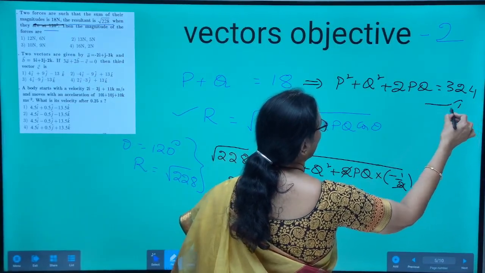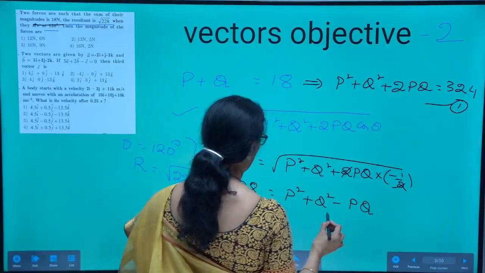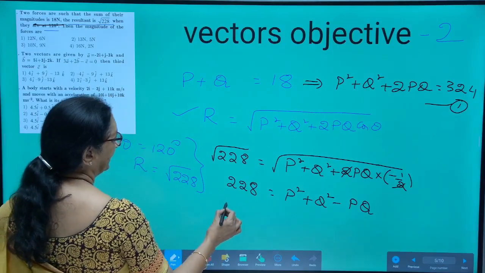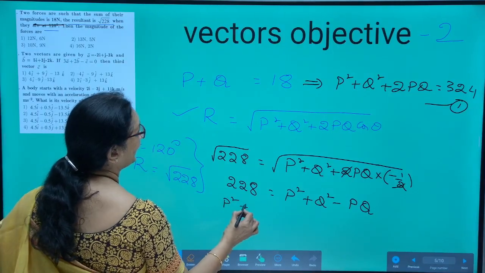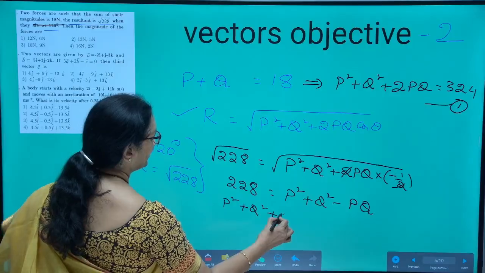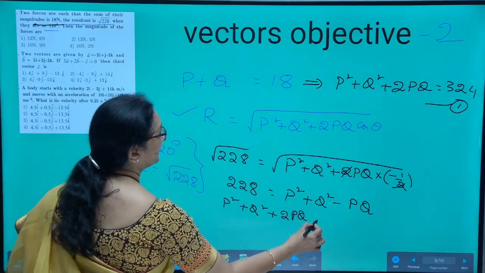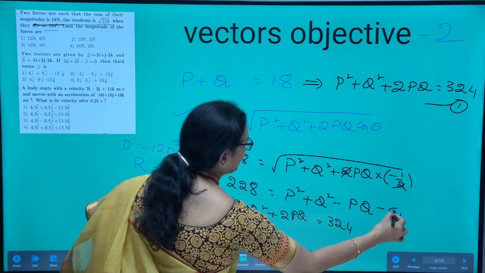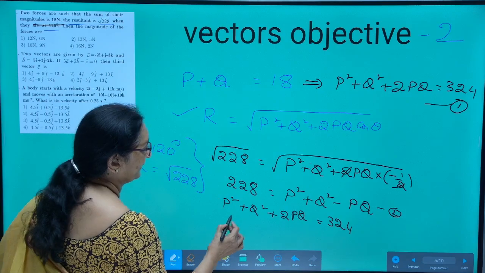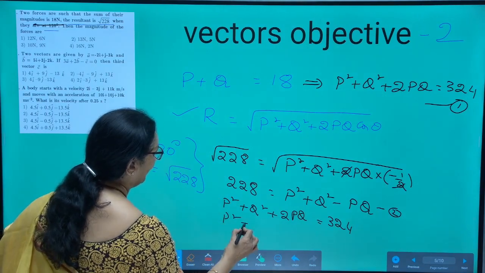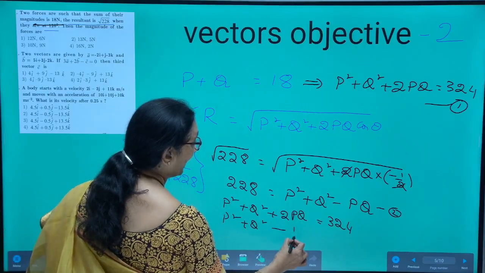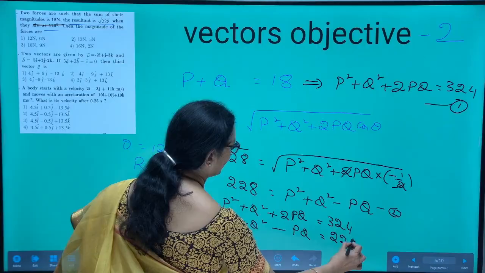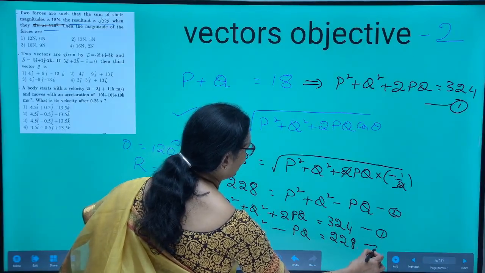So take this equation as 1, and writing the other equation below it, p square plus q square minus pq is equal to 228. This is equation 2.